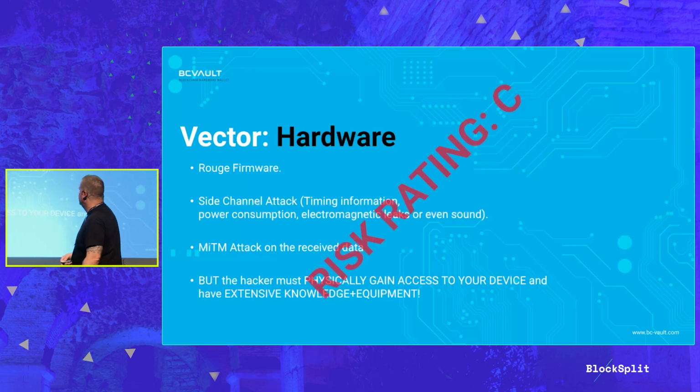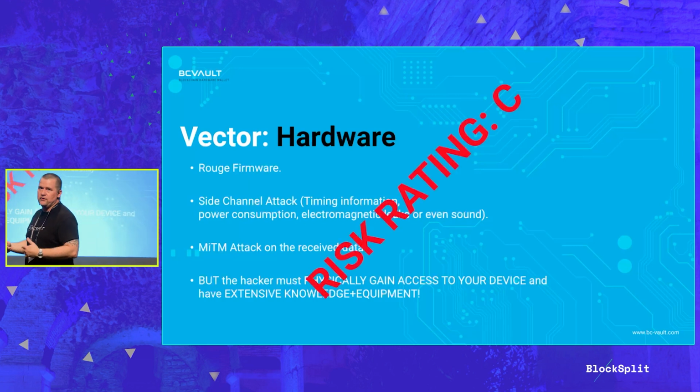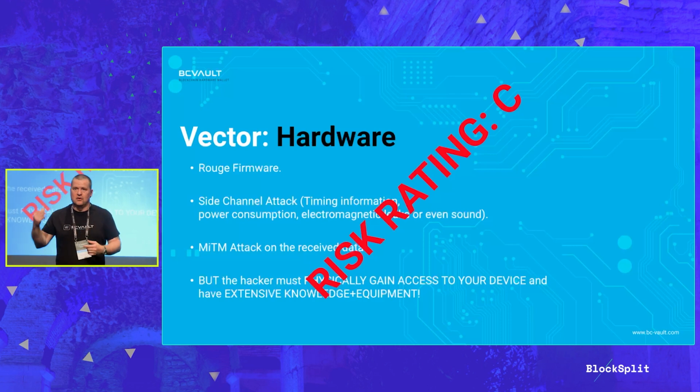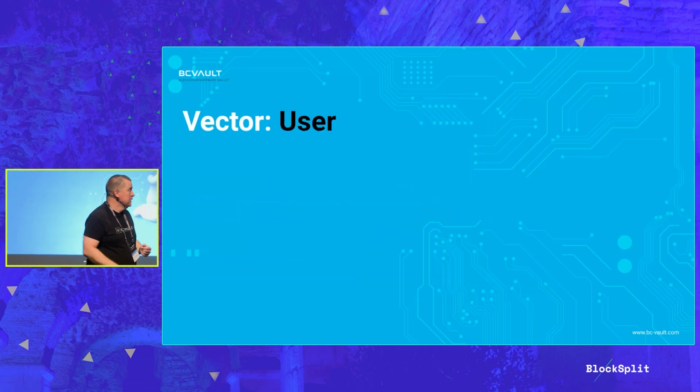So hardware vector, C. Not a lot of attacks, if any, happened on the hardware layer. I'm not counting brute forcing as an attack, like somebody lost a wallet and then he used a weak password and so on.